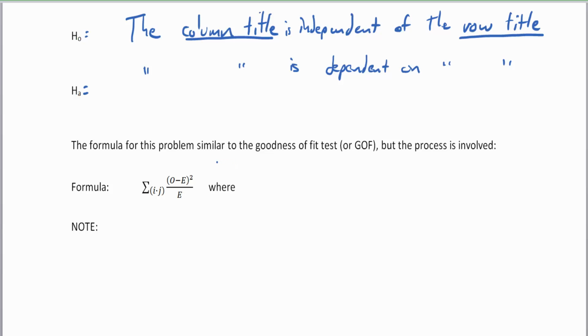But this is going to be a little bit more complicated because i and j are going to be our row and column indicators. We're also going to have a little bit more elaborate degrees of freedom, because degrees of freedom are going to be the number of rows minus 1 and also the number of columns minus 1.